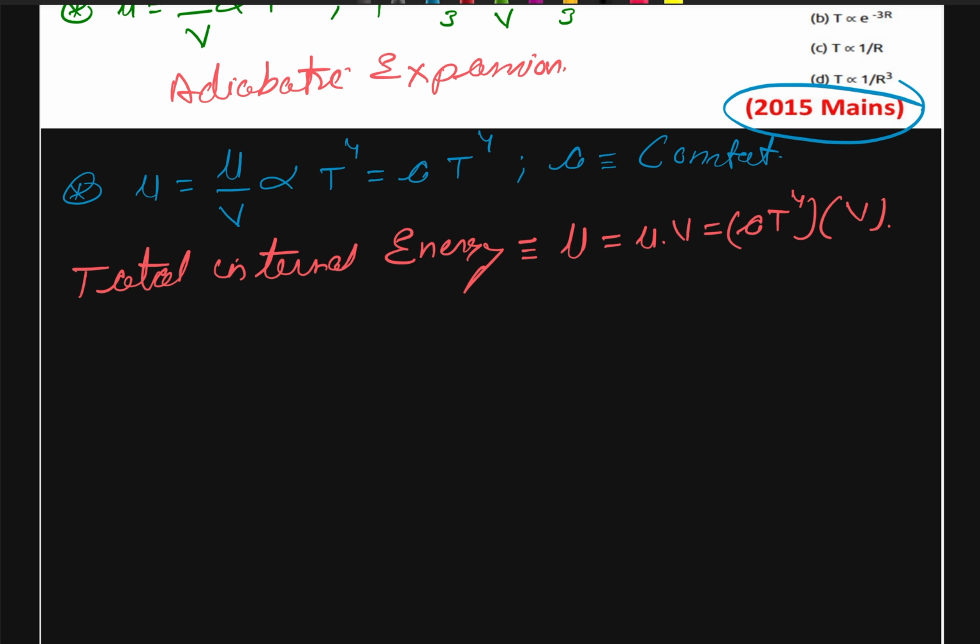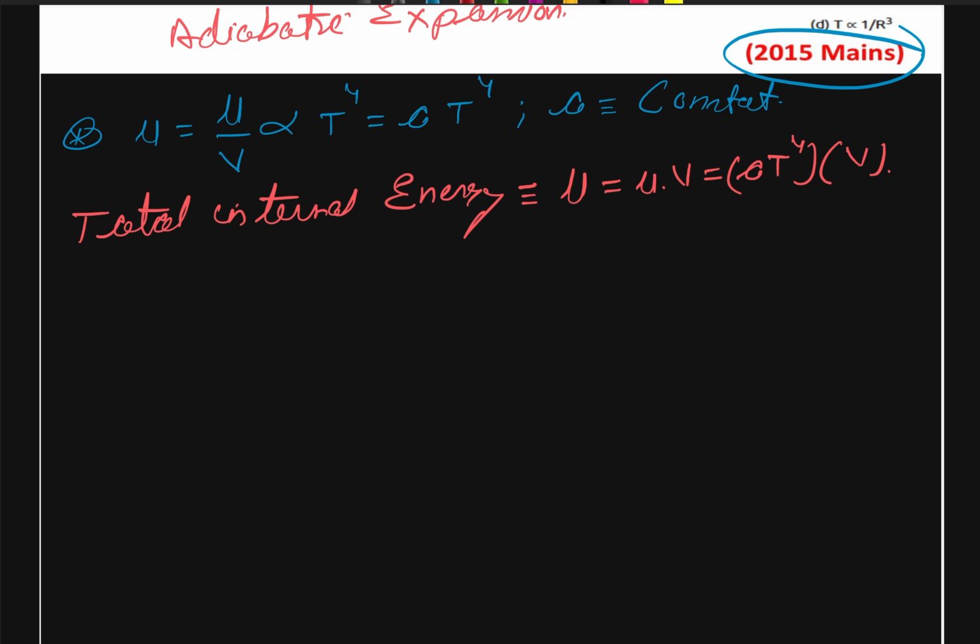Similarly, we can write our pressure P as 1 upon 3 U upon V, which is equal to 1 by 3 A T raised to power 4.